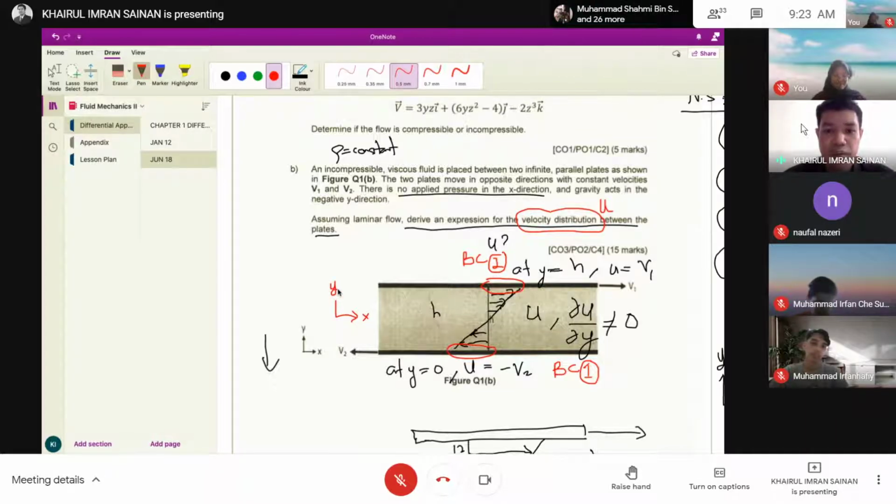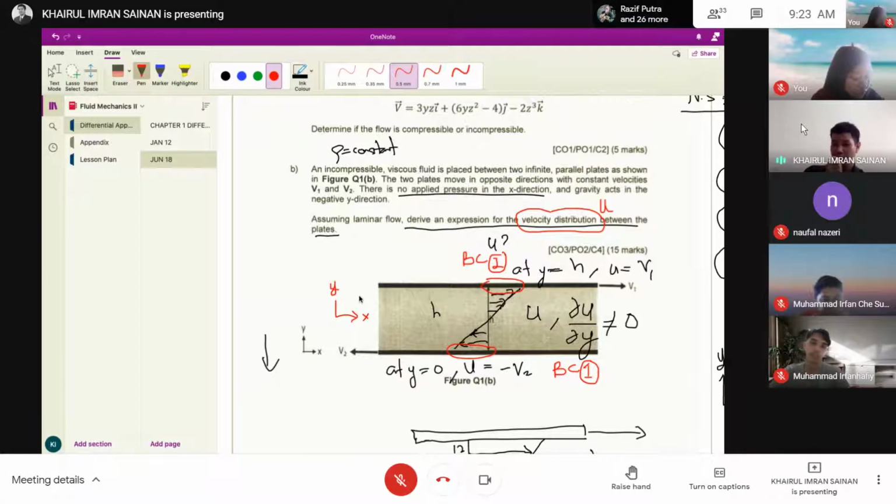If your axis is positioned at the center, what happens to boundary condition number 1? The height is still the same, h.